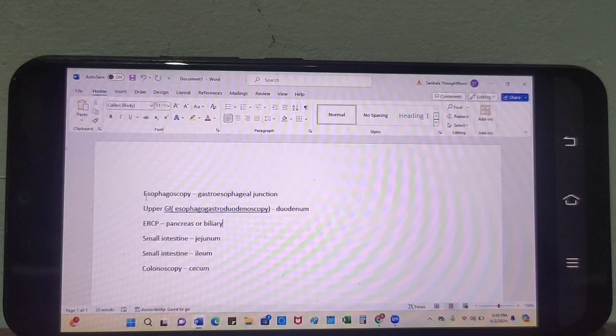For esophagoscopy, the gastroesophageal junction is the key term. If the doctor inserts the scope through mouth or nasal, but it does not reach the termination point, we should append modifier 52 or 53.